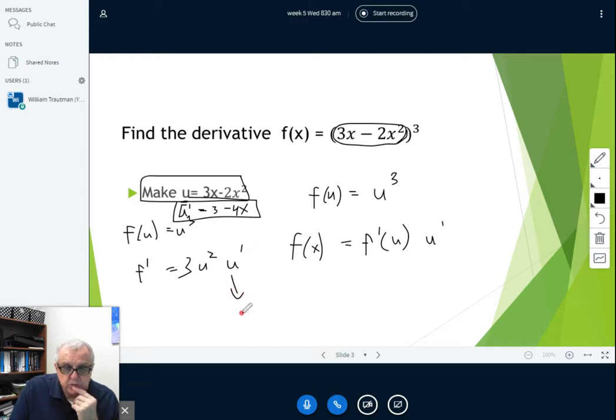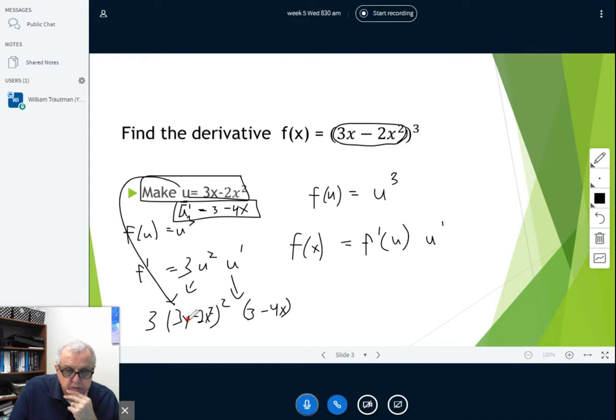This equals 3 times u squared, and u equals 3x minus 2x squared. And we're done. That's the derivative of this entire function.